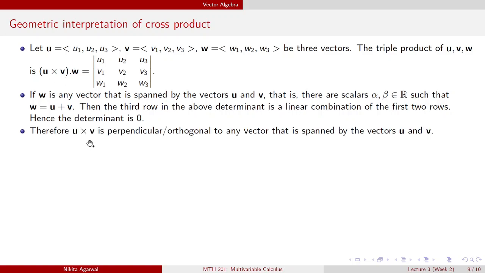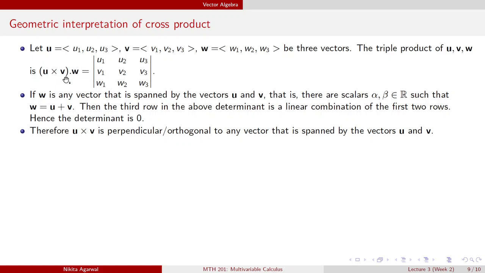Therefore, U cross V is perpendicular, or orthogonal, to any vector which is spanned by the vectors U and V, right? If W is any vector that is a linear combination of vectors U and V, then this dot product is 0.